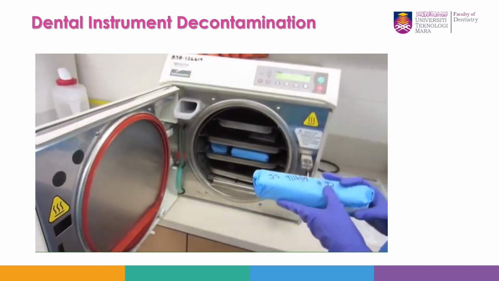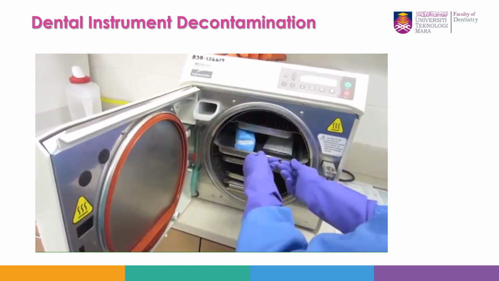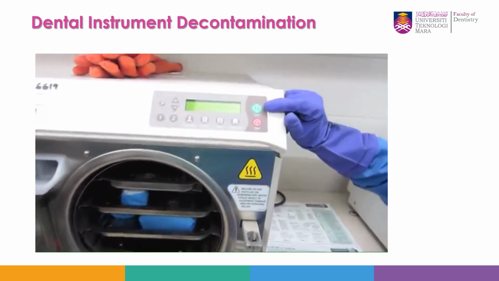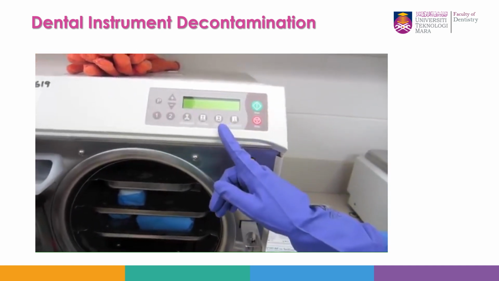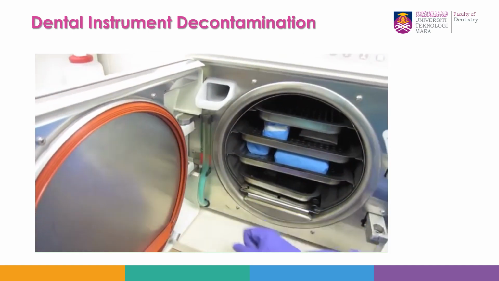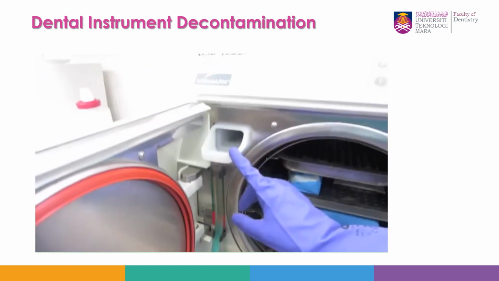Load the autoclave, do not overload. Turn on the power control and choose the pack setting. Check the water level and reservoir. Fluid should be approximately 1 inch from the drain tube opening. Add distilled water if needed.